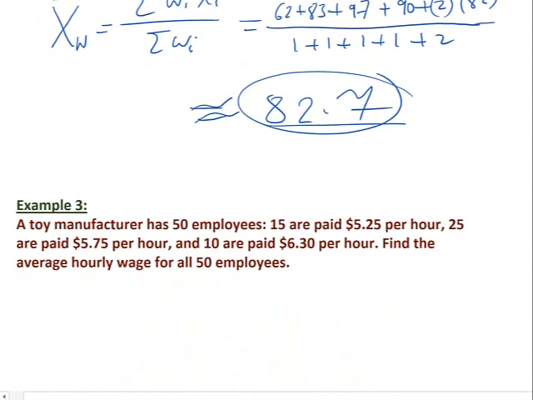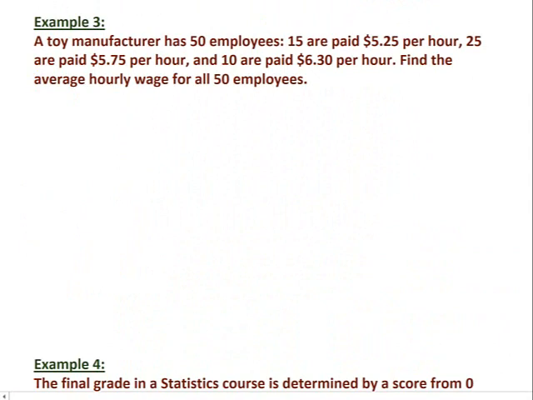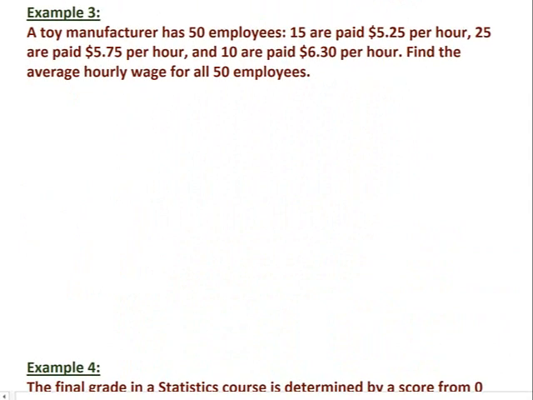Okay, next, see example 3 here. A manufacturer has 50 employees. 15 are paid $5.25 per hour. 25 are paid $5.75 per hour. And 10 are paid $6.3 per hour.